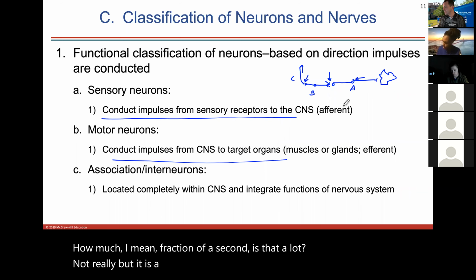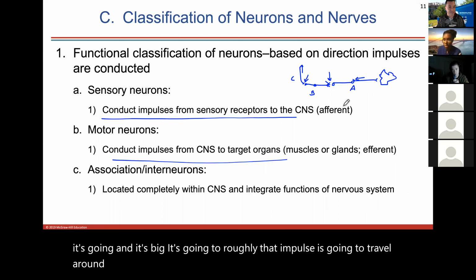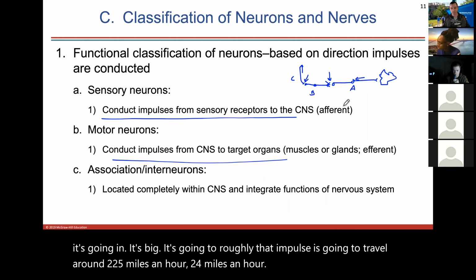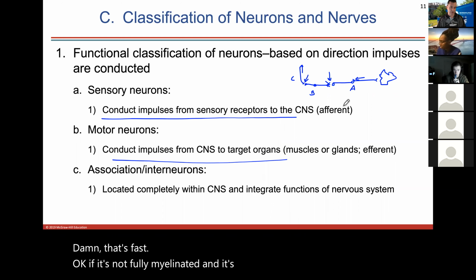Okay. Because if we have a nerve that's myelinated, and it's big, that impulse is going to travel around 225 miles an hour, 224 miles an hour. Damn, that's fast. Okay. If it's not fully myelinated and it's small, then it goes about 2 miles per hour. Still, that's pretty quick.